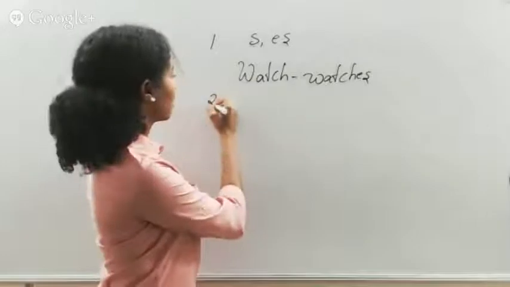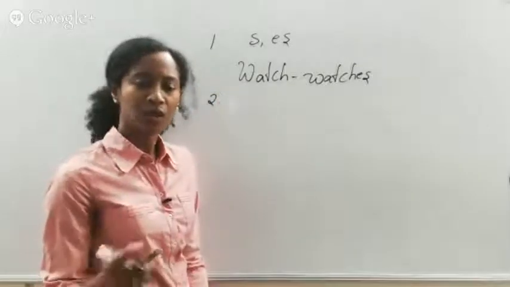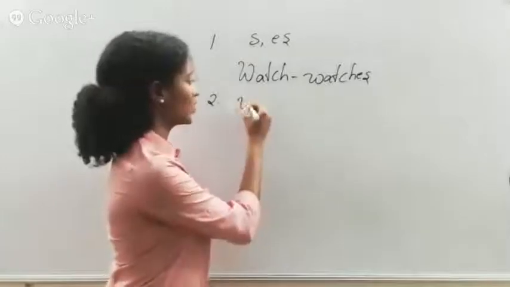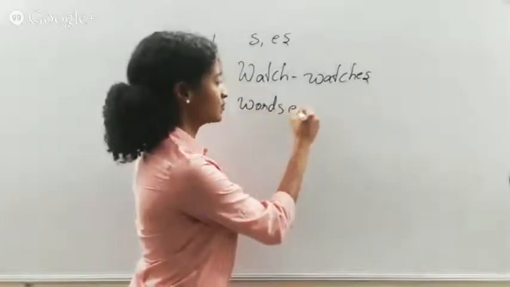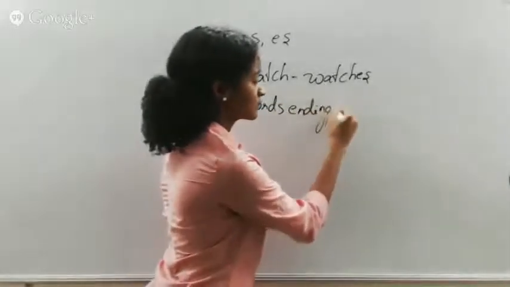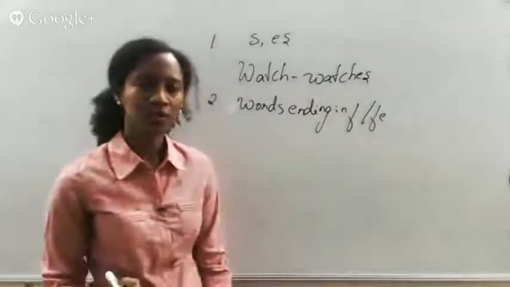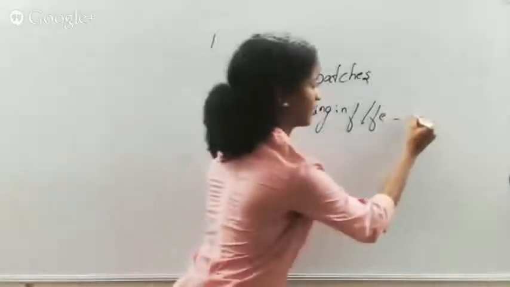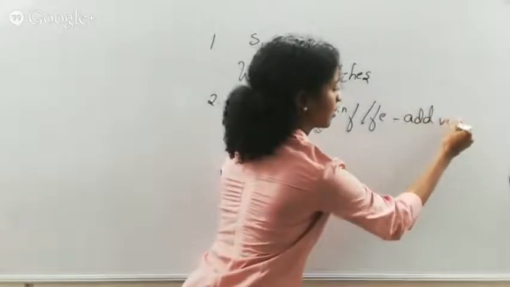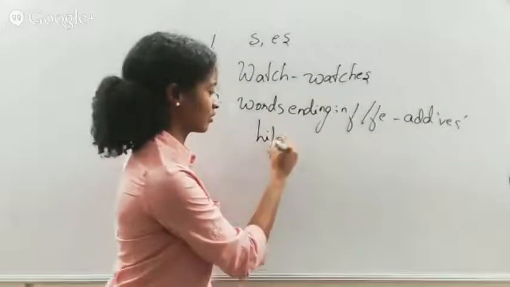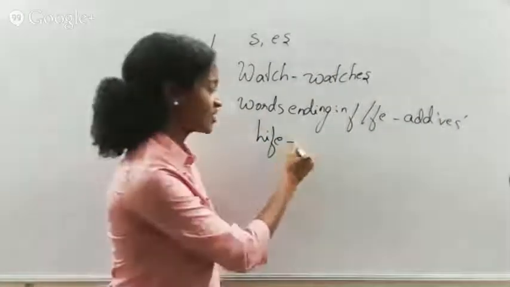Okay. What else do you do? What about words ending with F or FE? What do you do to change them into plural? You add VES. Right? Life. The plural of life is lives.